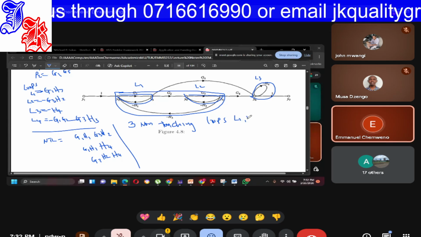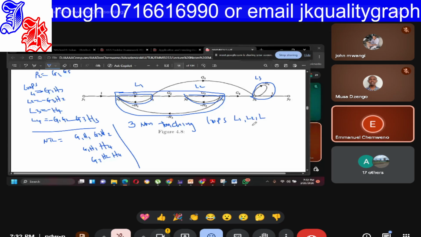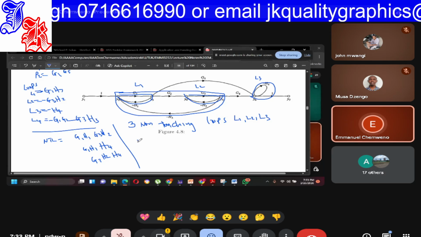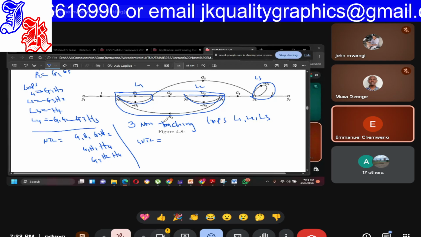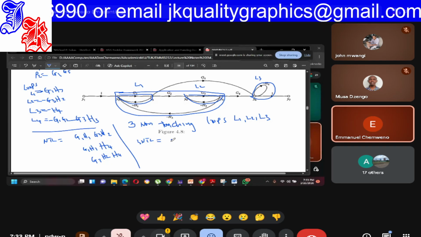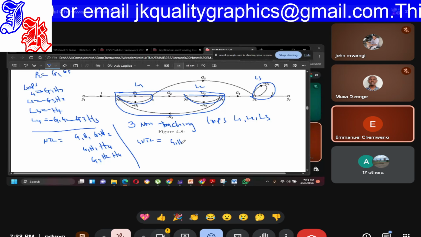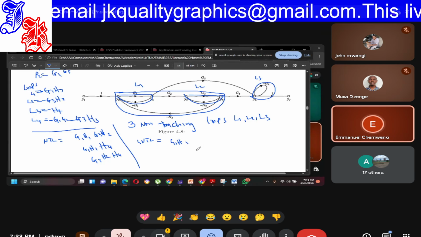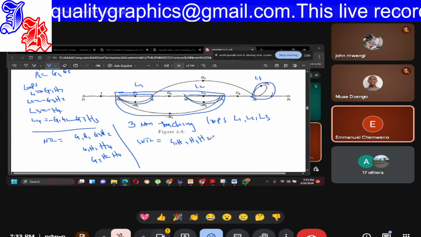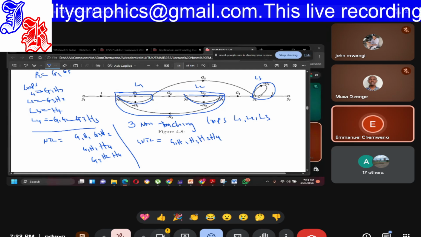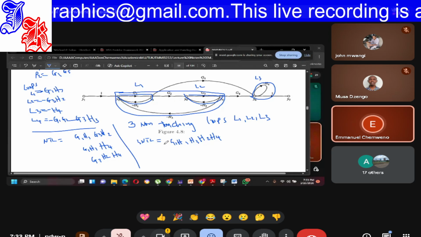L1, L2, L3 do not touch. Therefore, 3 non-touching loops becomes G1 H1, G3 H2, and H4. So this is negative, negative, negative. So there is a negative sign here.